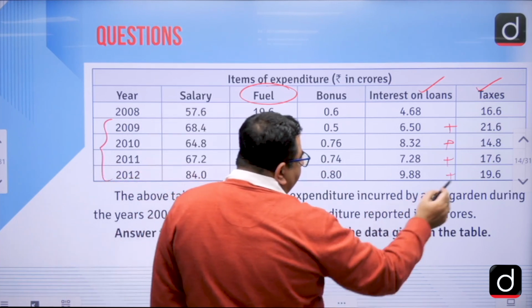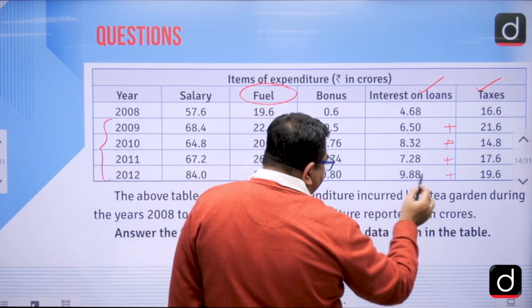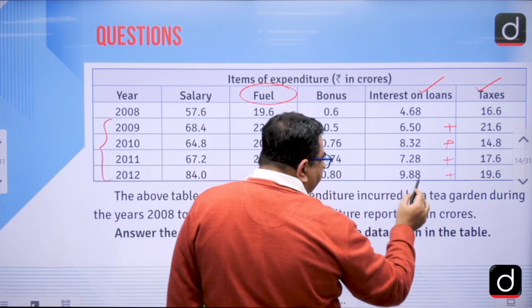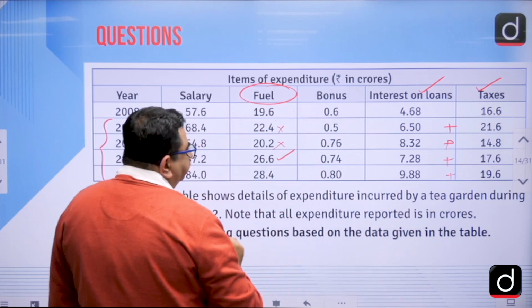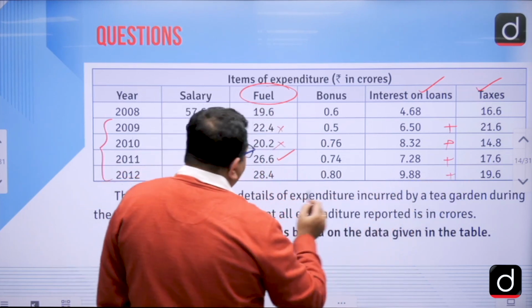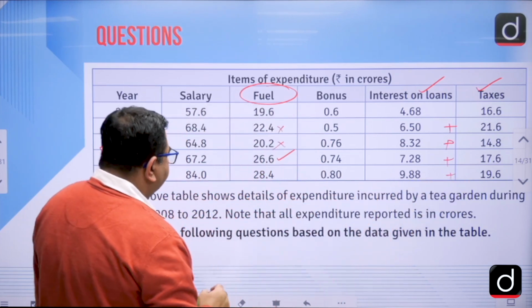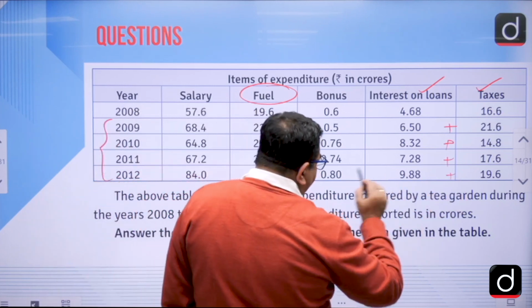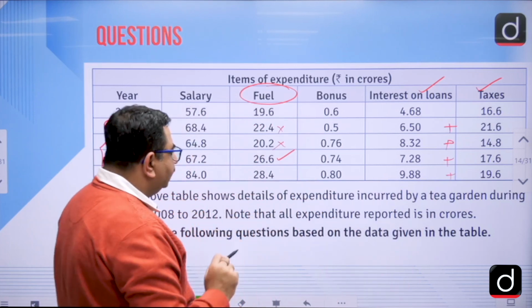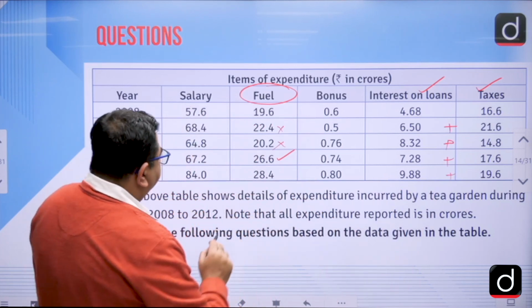Next, if you check 19 plus 9, that is 28, plus this, so this will be 29 point something, right? 29 point something. So again, we have to find where fuel is more, right?